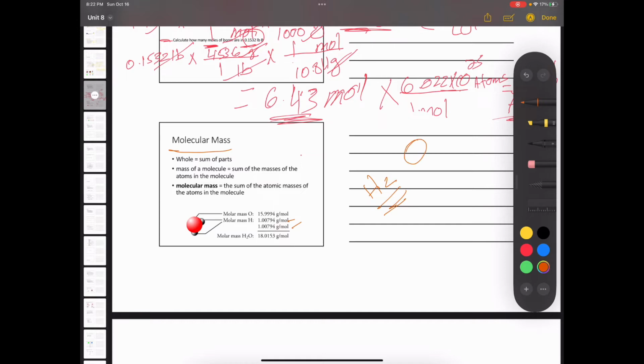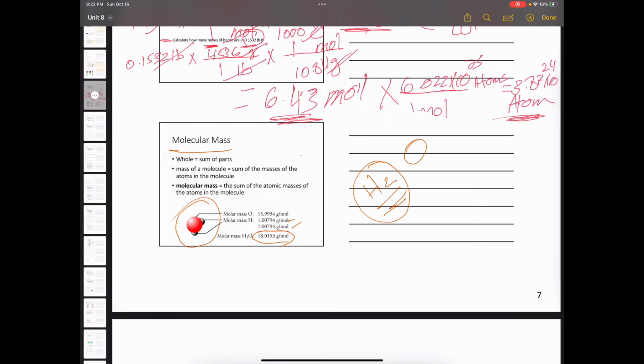So adding the atomic mass of oxygen plus 2 times the atomic mass for hydrogen would result in the molecular mass for the water molecule, the H2O. Now, the reason why we call it molecular mass, as I said earlier, is because we're talking about covalent compounds.